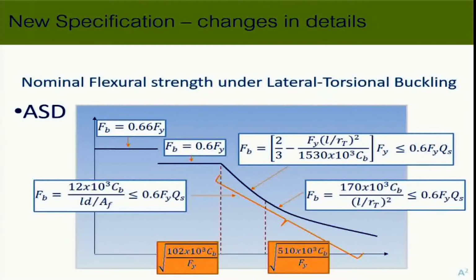And then after you pass one limit, a sudden drop of strength down to 0.6 Fy. This is the OASD. And then, this is what I love the most. When you're in this region, they give you like this, 3 equations, and calculate all of them and use the maximum number for your answer, right?